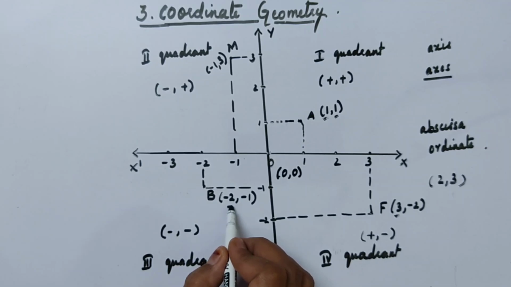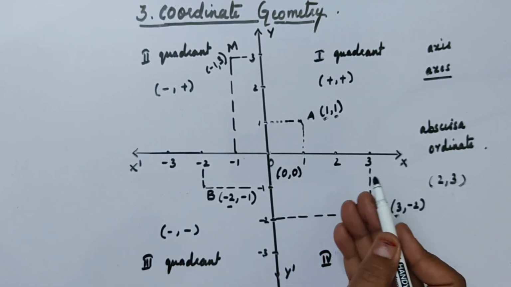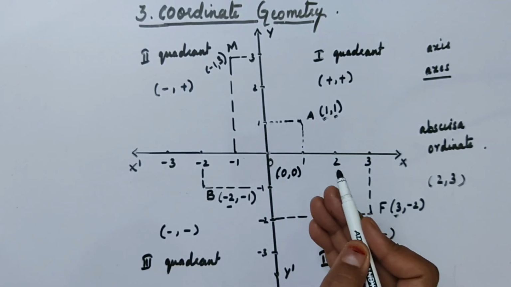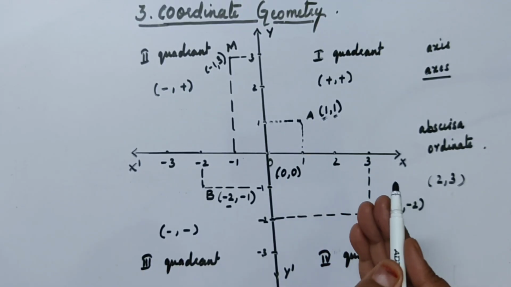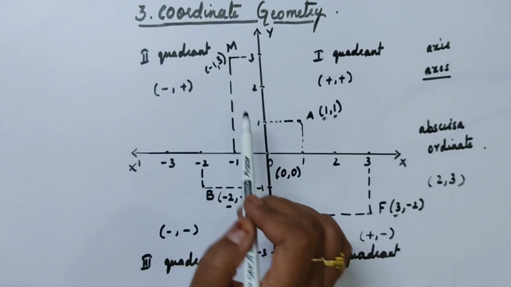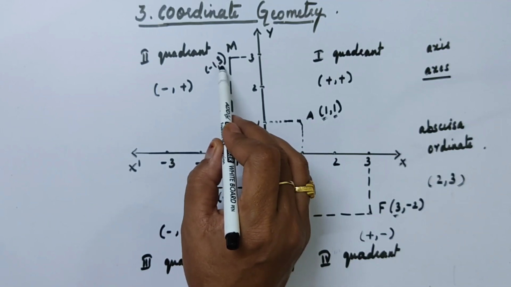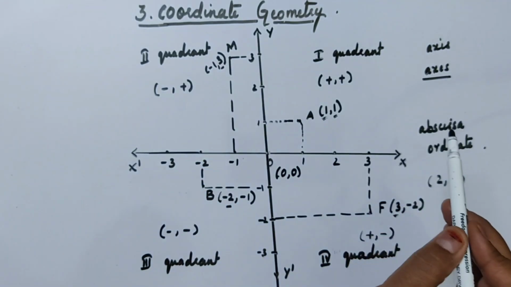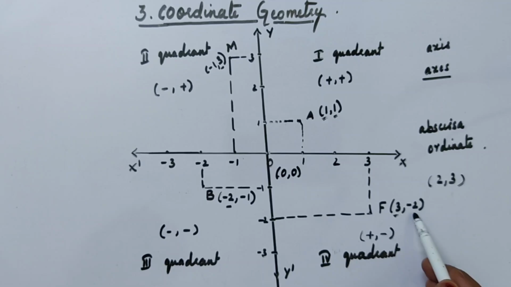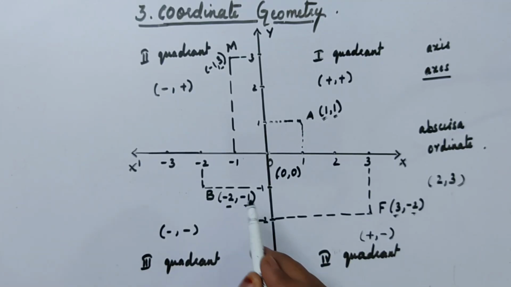I say it is -2. Right? Now what is the ordinate? The y coordinate is called the ordinate. So what is the ordinate of M? That is 3. Now what is the ordinate of F? I can say -2. What is the ordinate of the point B? I say it is -1.